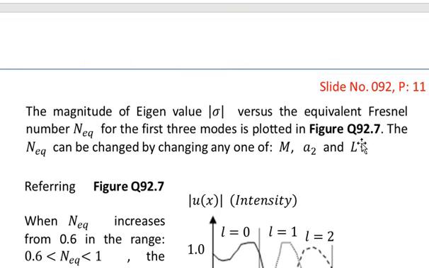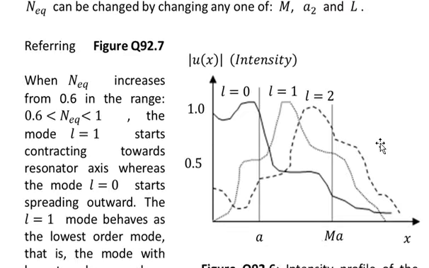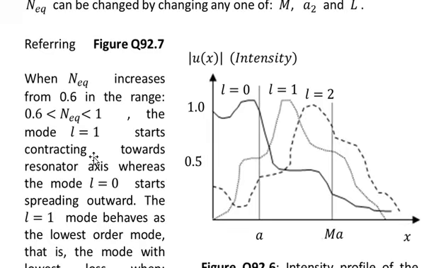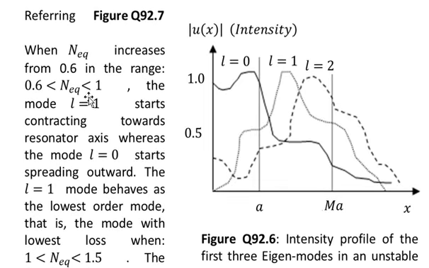Okay, so this is what I am talking about, figure number 7. Further about that figure, when N_eq increases from 0.6 to 1, for this range of N the L equal to 1 mode starts contracting towards the resonator axis, whereas the L equal to 0 mode starts spreading out.